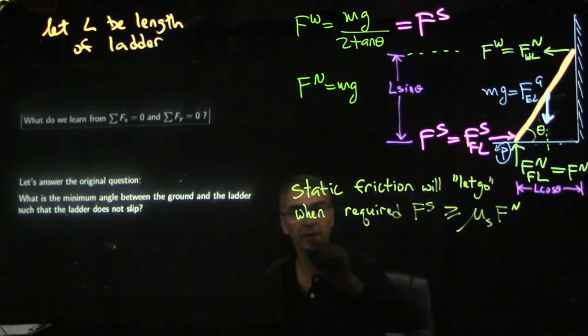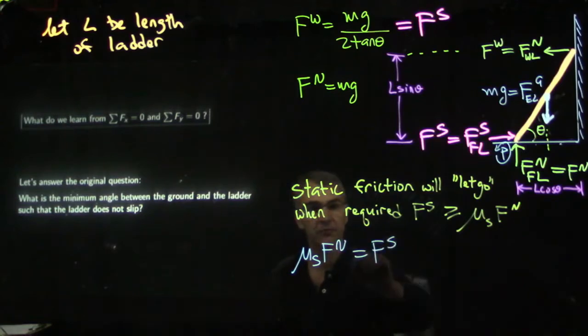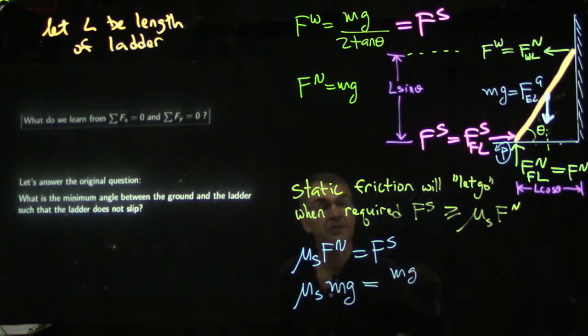So we want mu static F normal equals F static, which is just when that barely happens. So that's mu static mg equals mg over 2 tan theta.